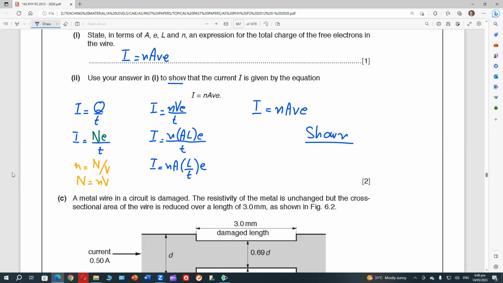Yes, I've copied it. Like in all of the papers I've done so far, this hasn't appeared. It's a very rare topic. I've copied it. Good.